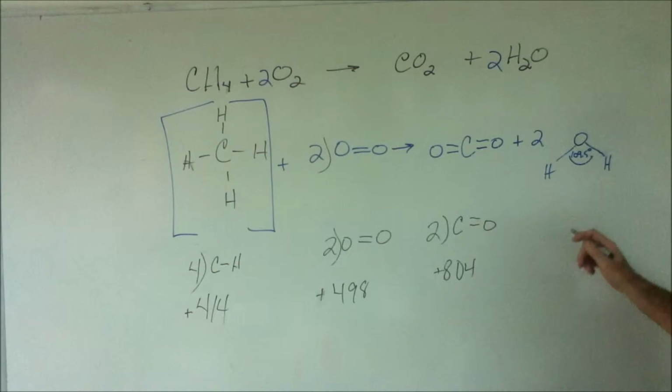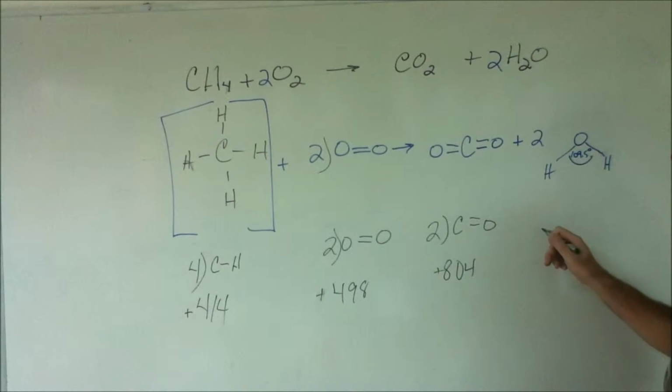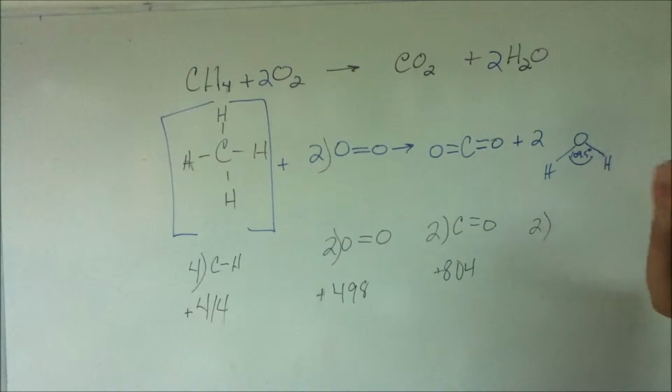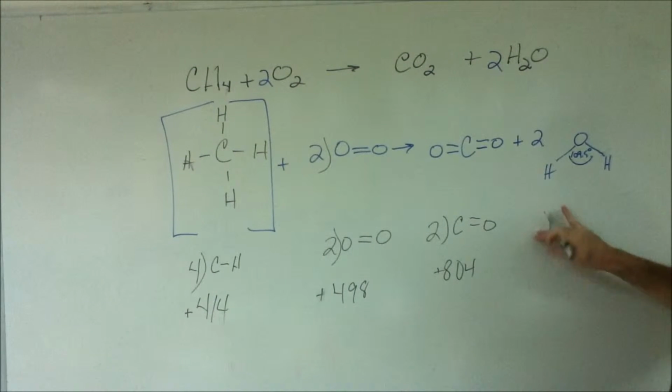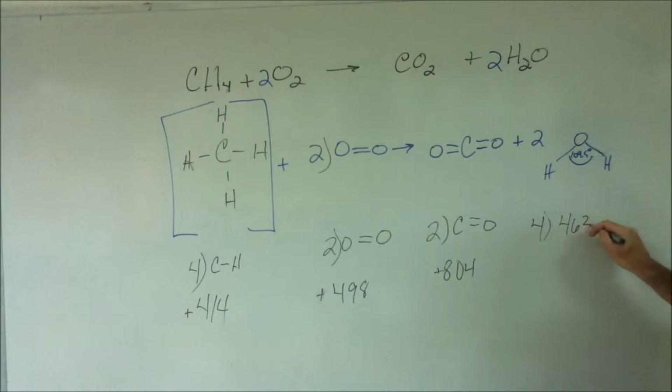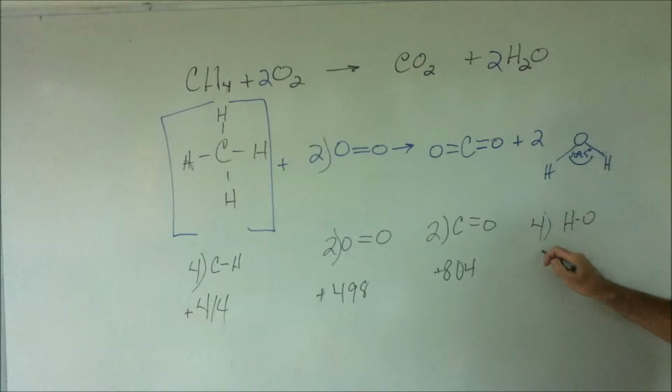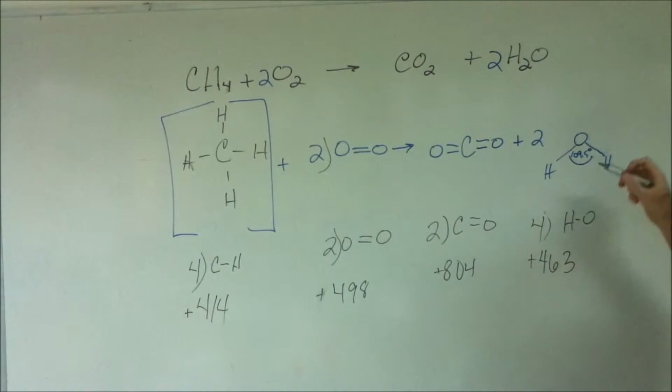And what about the hydrogen-oxygen bond? We have 2 of those. 463. No, we have 4 of those, right? Sorry. 463 each. Hydrogen, oxygen bond, 463. All right, now let's make sure we got this right.